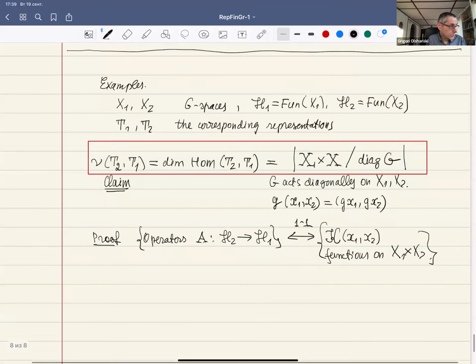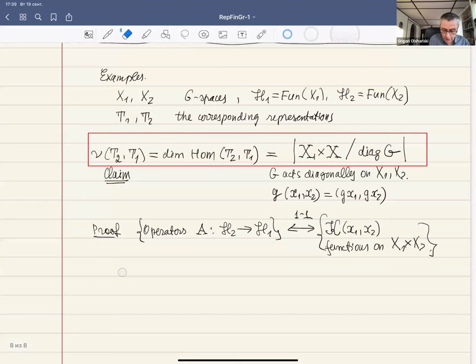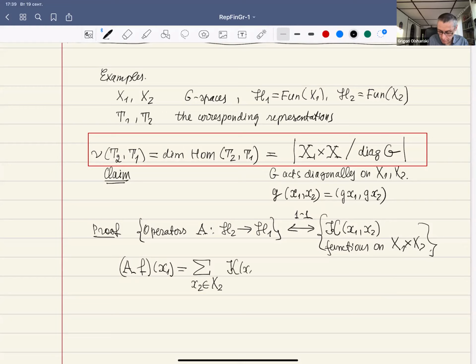So this is easy to see: we write our operator applied to a function f, evaluated at x1. It can be written as the sum over x2 of our kernel times f.